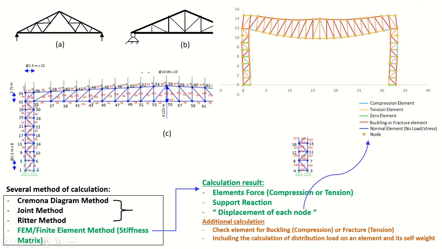For example, in this structure, if we have a distribution load on this one element, we can give a distribution load here, and the calculation result will show the displacement and the stress on this element due to the impact of the distribution load, and also the impact of self weight of all elements on the calculation result. Okay, this is the introduction.